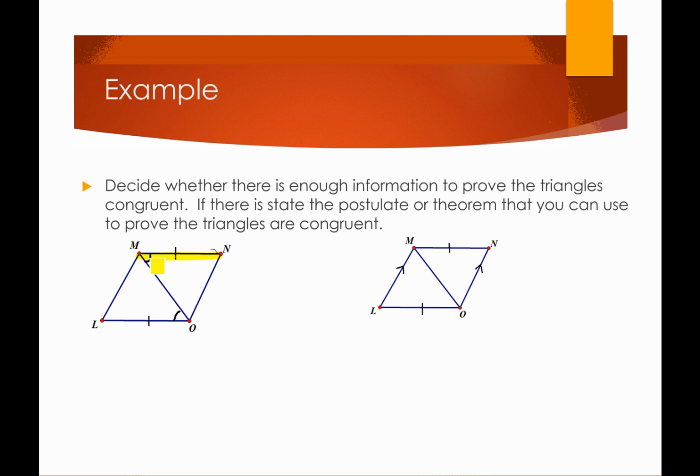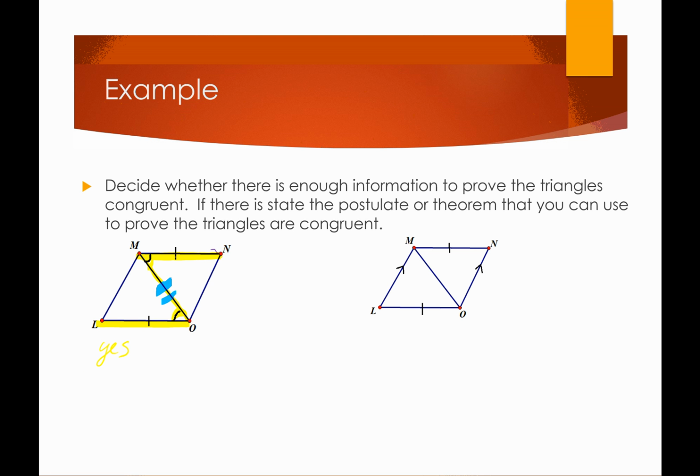This is parallel. All right. So that's good. That tells me that this is congruent to this. I have that side congruent to that. And then that leaves me with this angle side right here. Okay, that side is congruent to itself.